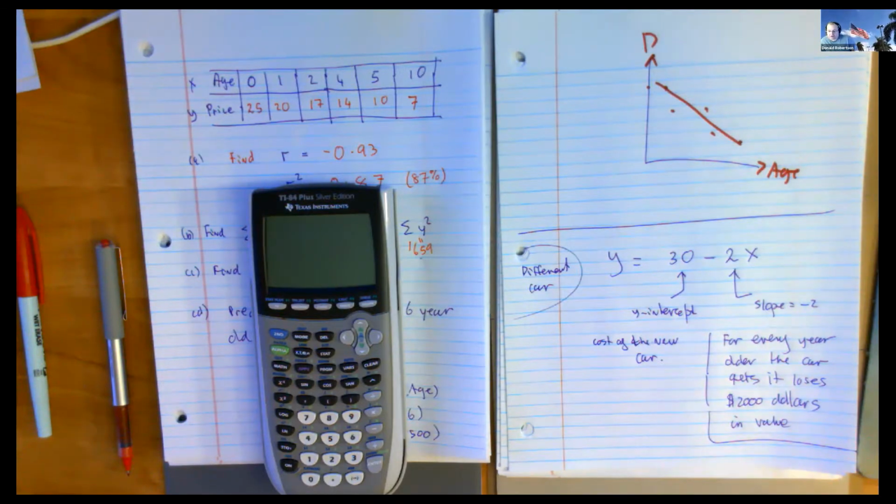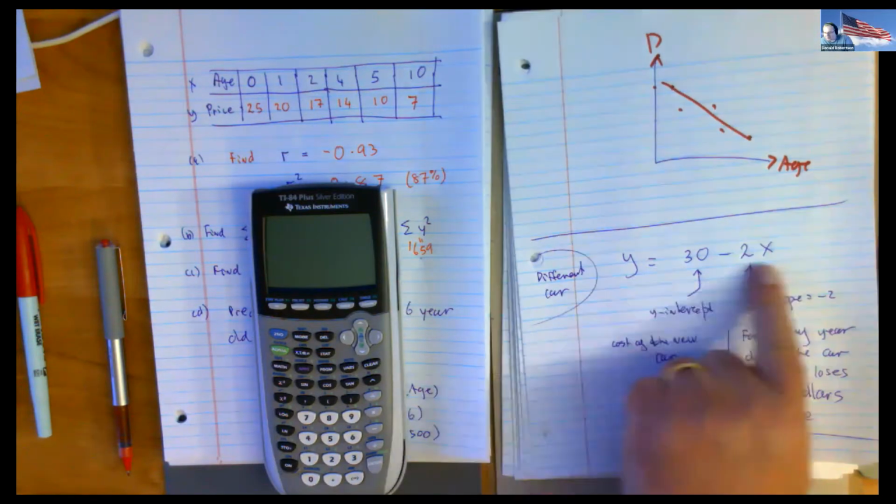Some car manufacturers advertise things, and I think it's a Toyota, that 80% of all Toyota trucks are still running today. You know, that kind of advert? Well, if you got a Toyota, you're probably going to get a lot of years out of it. But if you get a Kia, you might not. So that would be reflected in here.